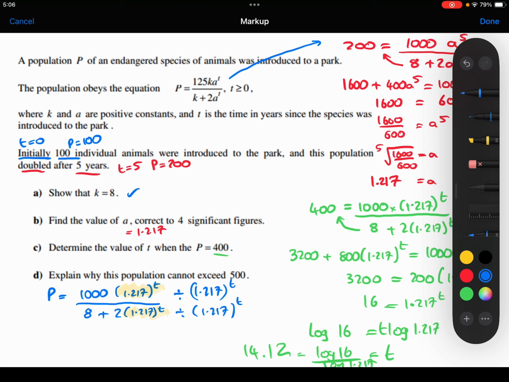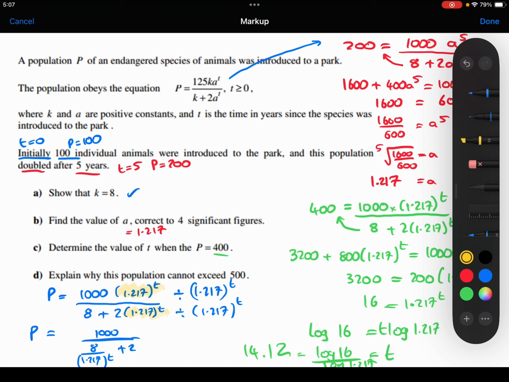And the reason why I'm going to do that is because now the t is only going to appear in one place in my equation. The numerator is just going to be 1,000. The denominator, I've got the 8 divided by the 1.217 to the power t, and then I've just got a 2.